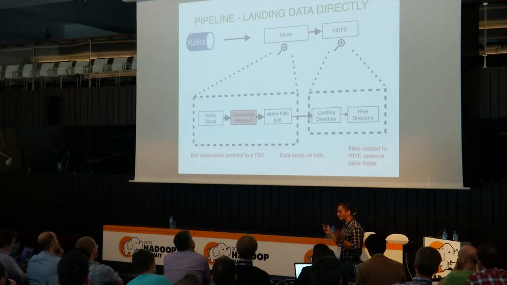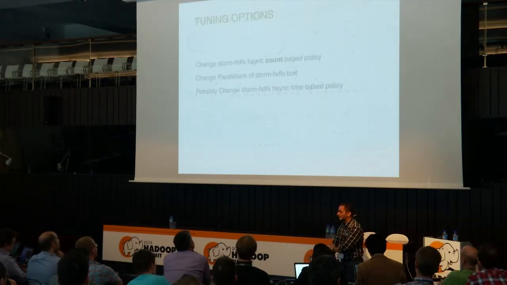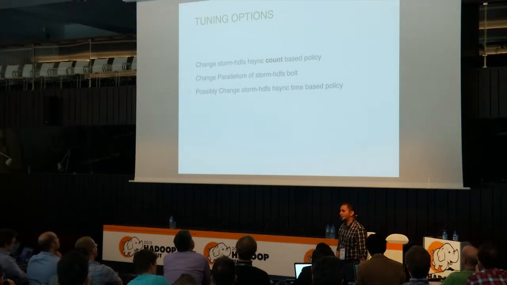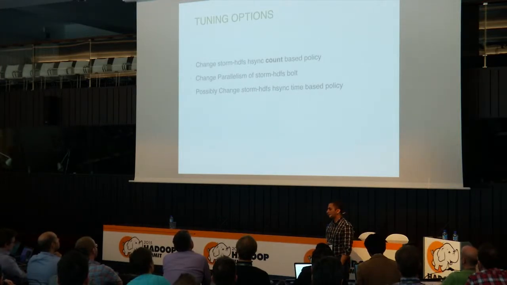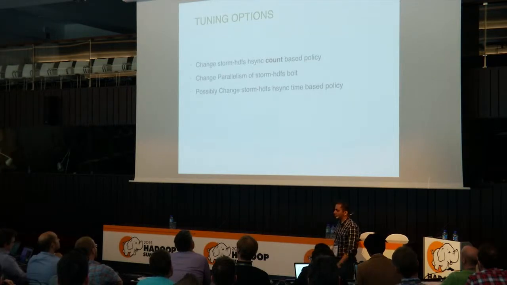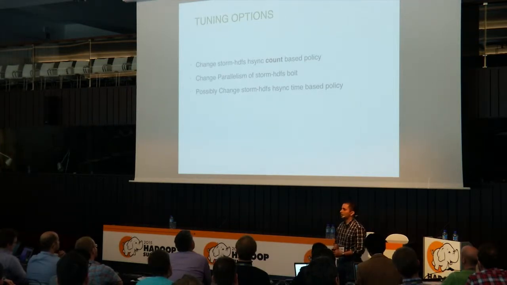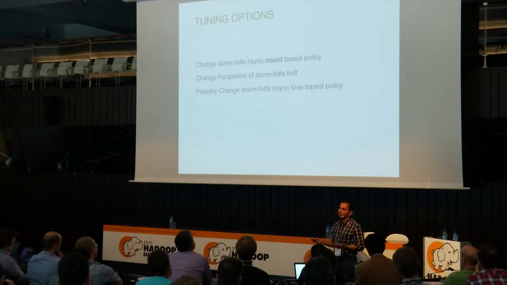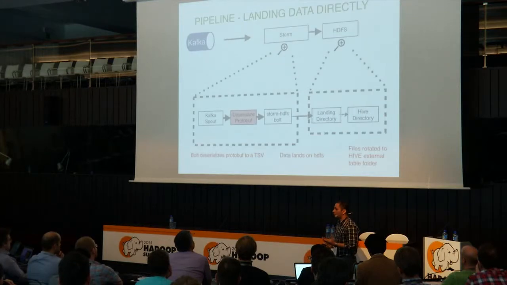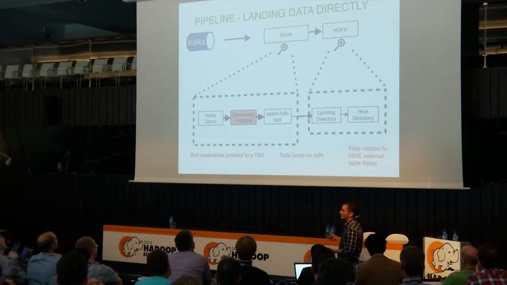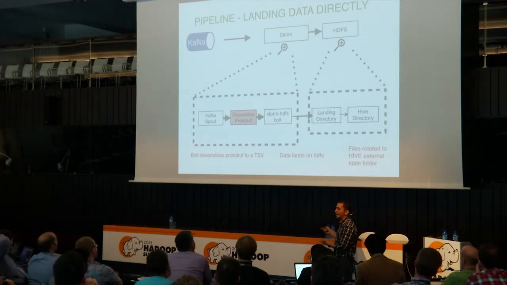So that's kind of what we built, and there are a couple of tuning options available within the Storm HDFS bolt, which are good and bad. Good in the sense that you get more granular control of how you operate the landing of the data, because how you land the data determines how fresh your data is in your Hive table.